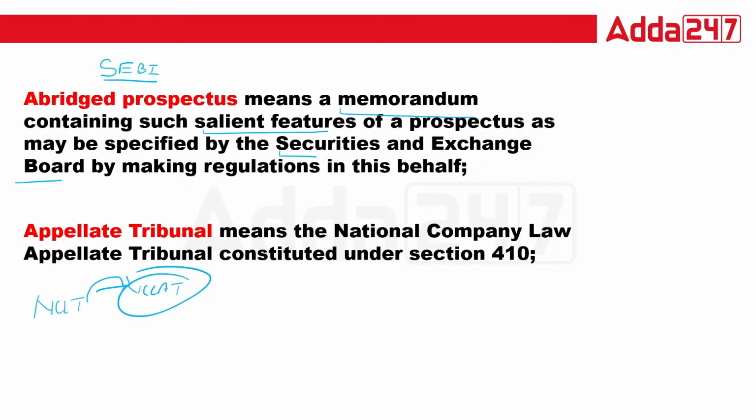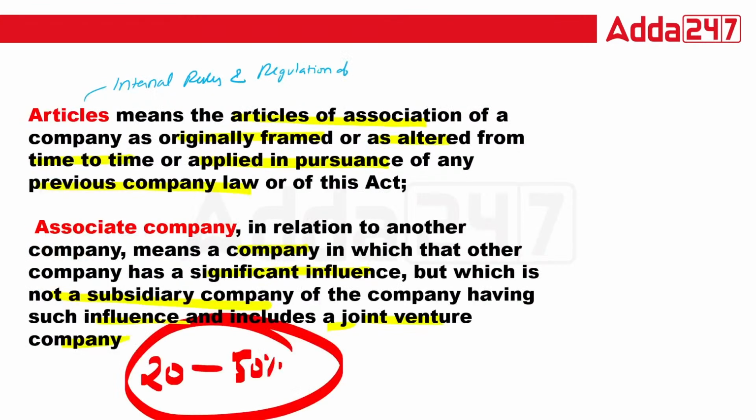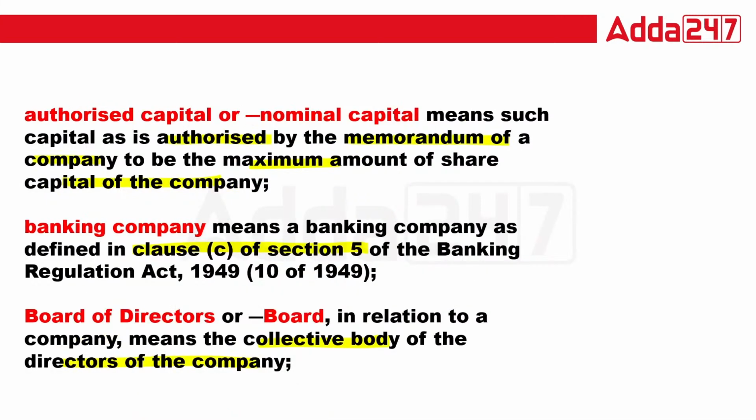Is that okay? See: article, associate company, and then authorized capital, banking company, board of director. This is very important from the examination point of view.